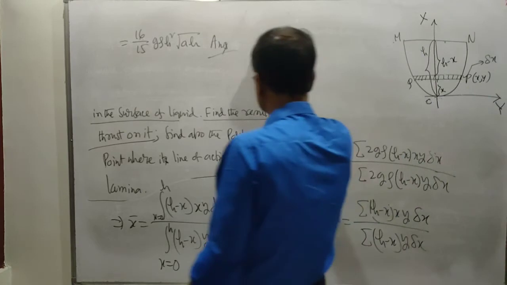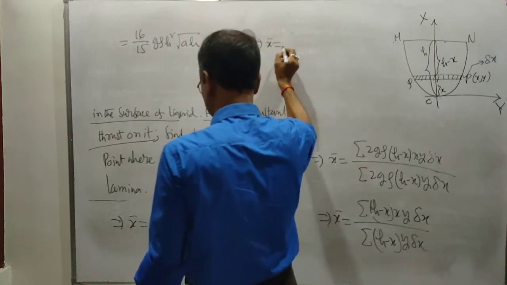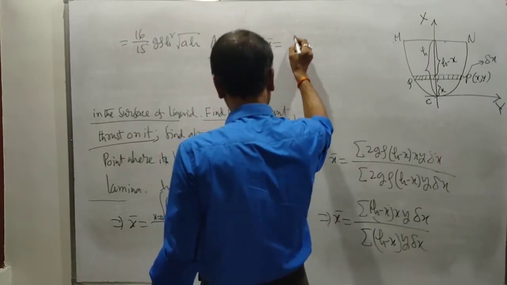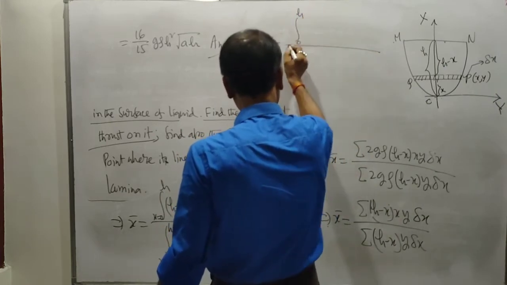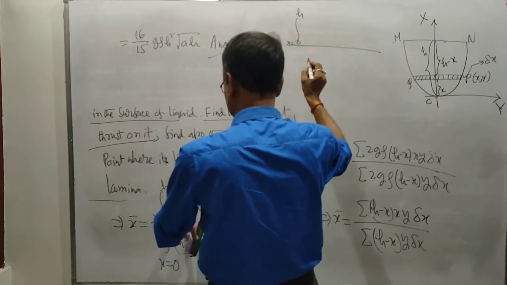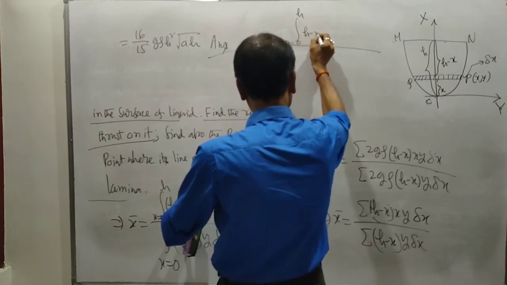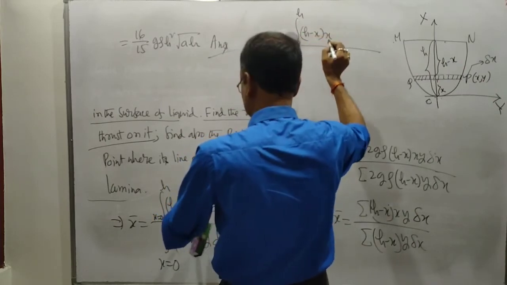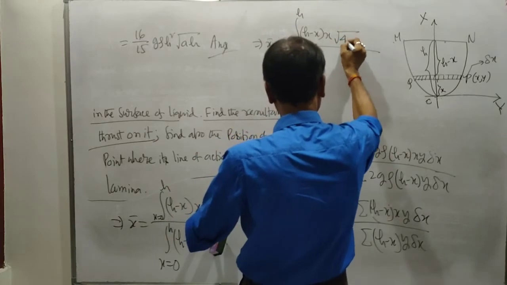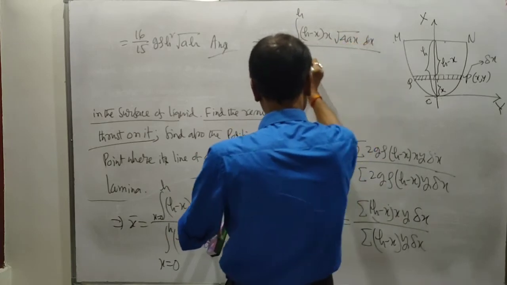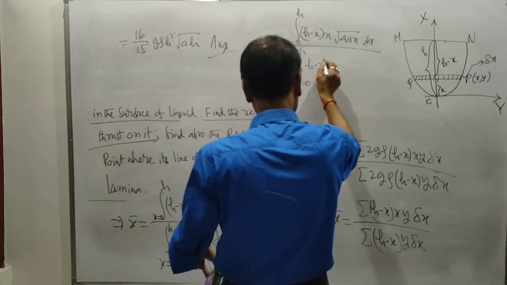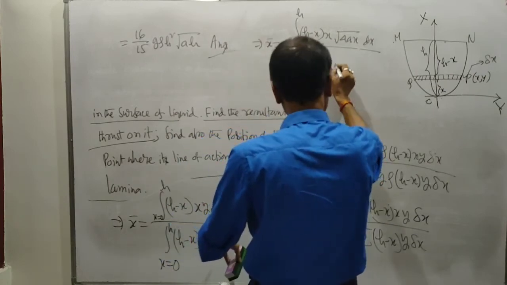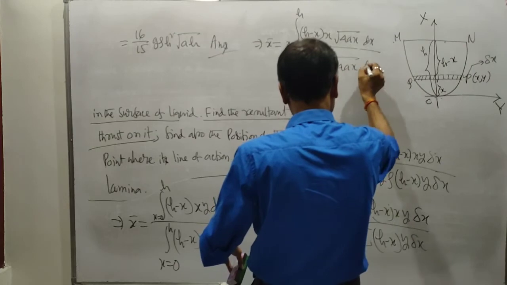This means x bar equals integration from 0 to h of (h minus x) into x, with y equal to root over 4ax, dx, over integration from 0 to h of (h minus x) y dx, where y means root over 4ax.